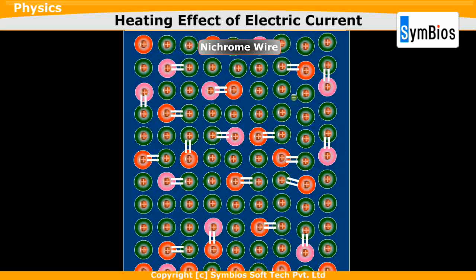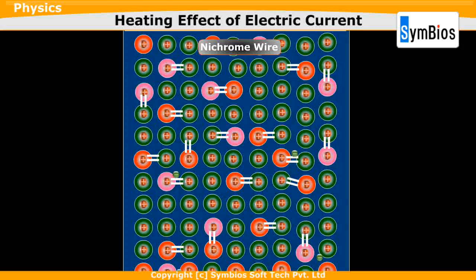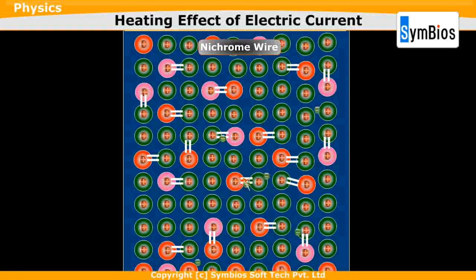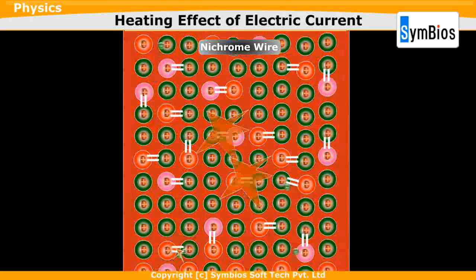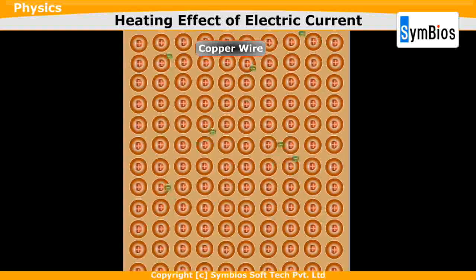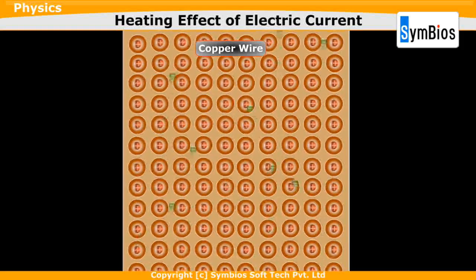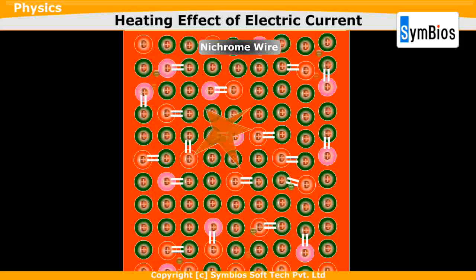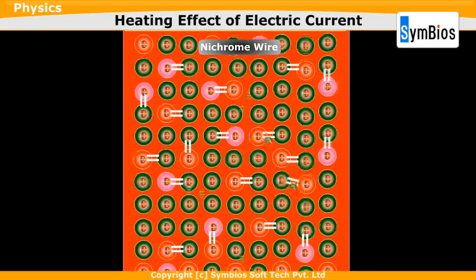During these collisions, the energy of the electrons is transferred to the positive ions, and the ions begin to vibrate more vigorously. This energy is released in the form of heat. The lesser number of collisions in copper release very little heat energy, and it can hardly make the copper wire hot. Whereas a large number of collisions in nichrome release much higher amount of energy, making it red hot.